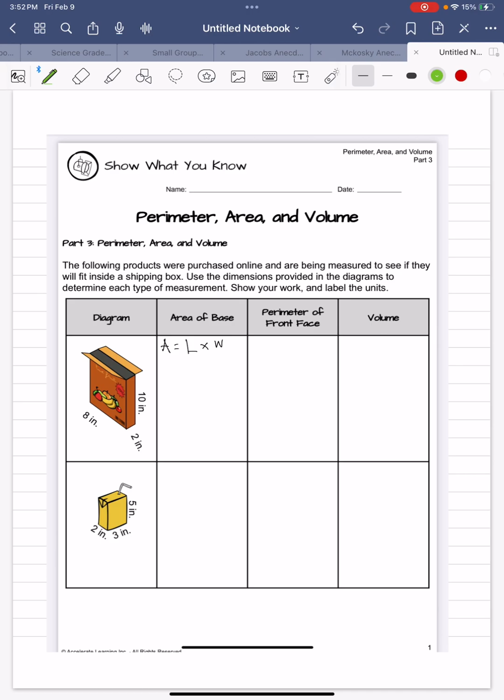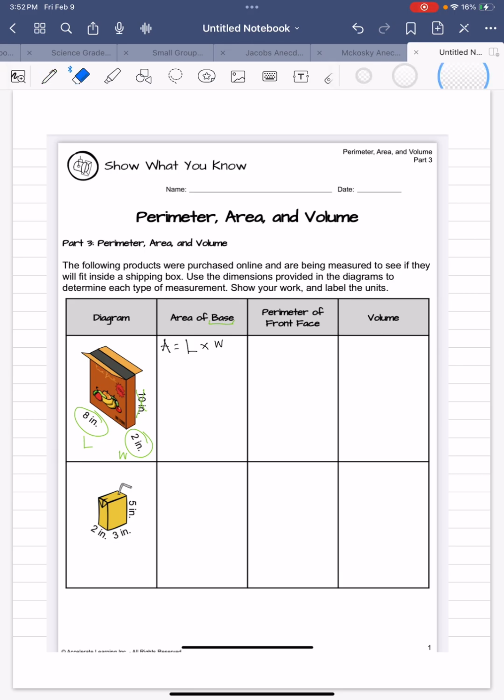Now I'm going to label on my diagram what I want my length and my width to be, okay? So remember, it's asking for the area of the base. So when I'm dealing with the base of an object, I actually don't need anything with the height. I just need the two bottom measurements. So I'm going to label the 8 inches, let's have that be our length, and our width is going to be 2. So now we are going to plug and chug.